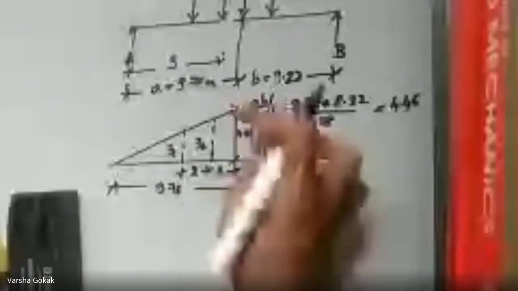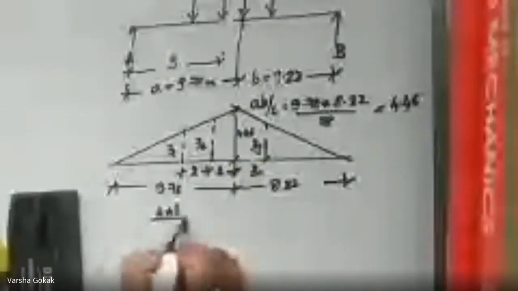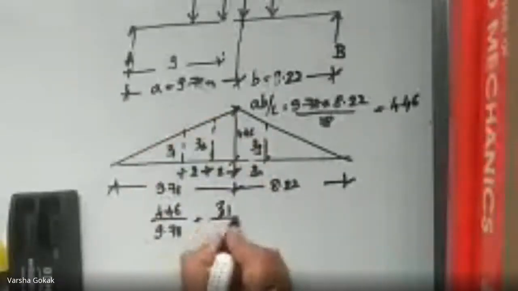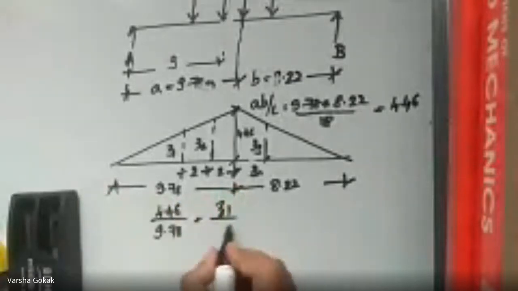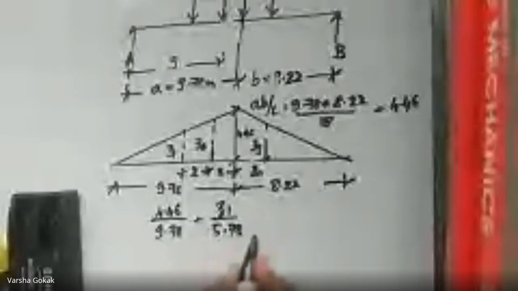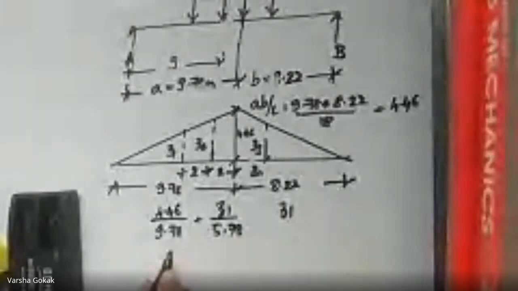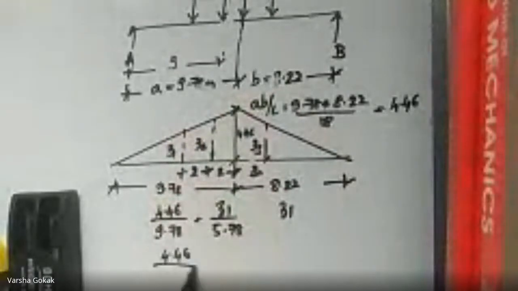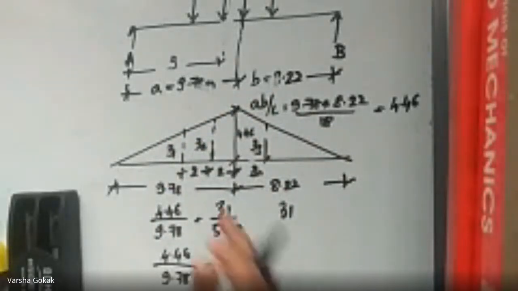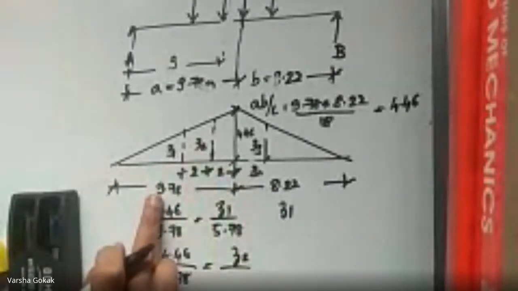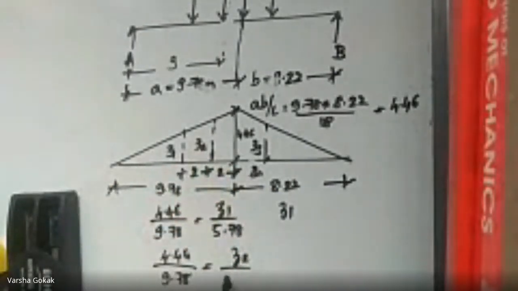So 4.46 divided by A, that is 9.78, is equal to Z1 divided by 9.78 minus 4, that is 5.78. You get the value of Z1 here. Similarly for Z2, 4.46 divided by 9.78 equals Z2 divided by 9.78 minus 2, that is 7.78.